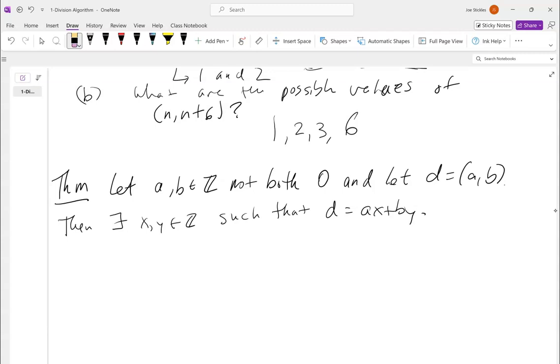You can always write the GCD of two integers as a linear combination of the two integers. It's kind of a cool property. It's also a consequence of the well-ordering principle.